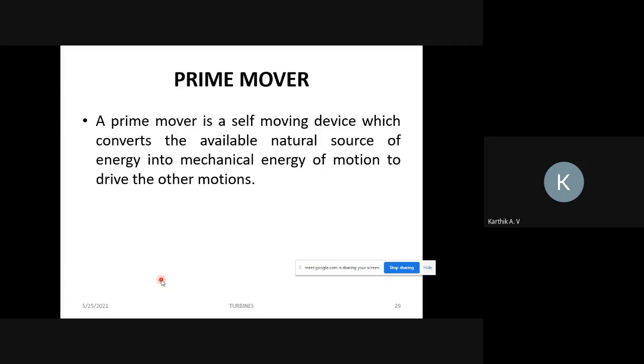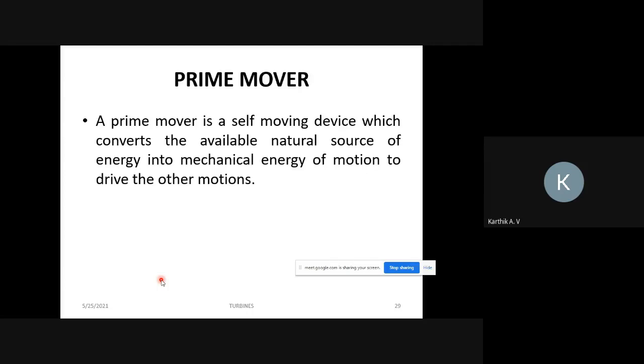So prime mover, what is that? Prime mover is a self-moving device which converts the available natural source of energy into mechanical energy of motion to drive other motion. Prime mover is nothing but helping with starting trouble. Sometimes a turbine may have starting trouble, so it gives some energy to the starting process.